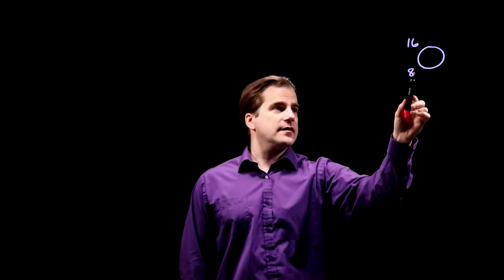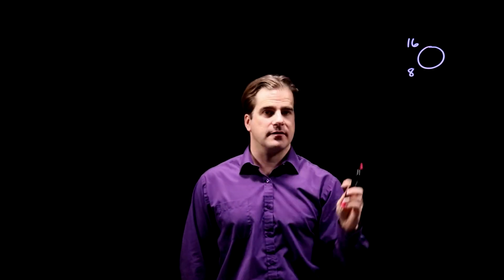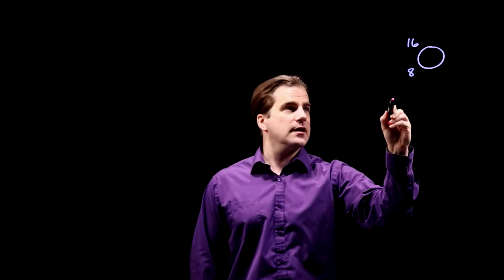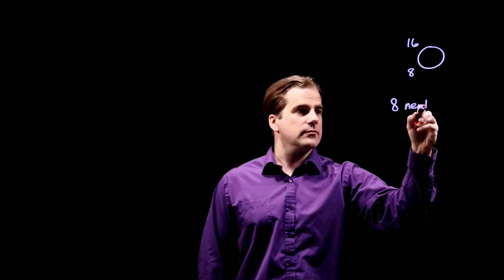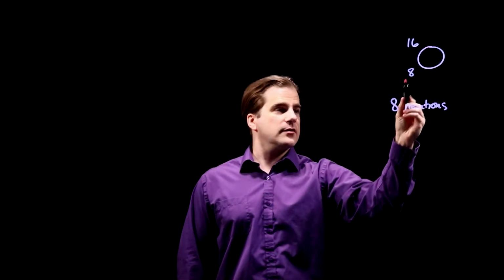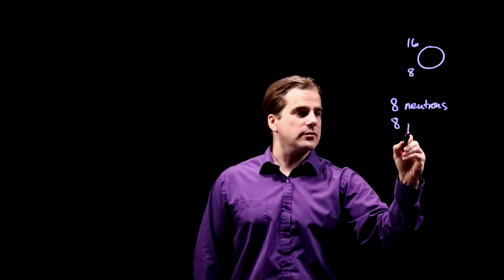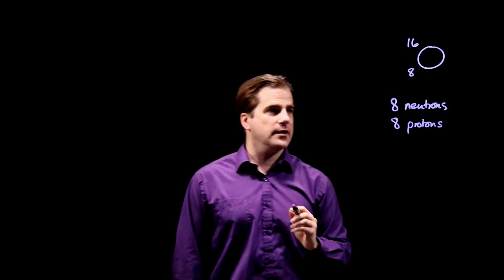That's the number of protons and neutrons, and that's the number of protons. Therefore, the number of neutrons is that minus that. So say that oxygen has 8 neutrons and it also has 8 protons. Okay?